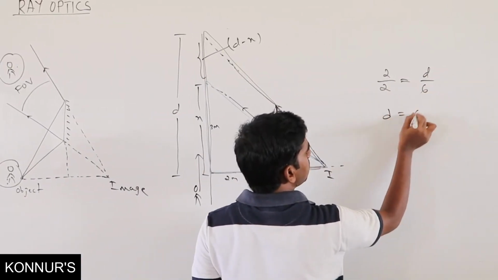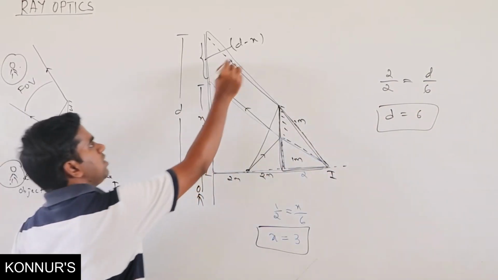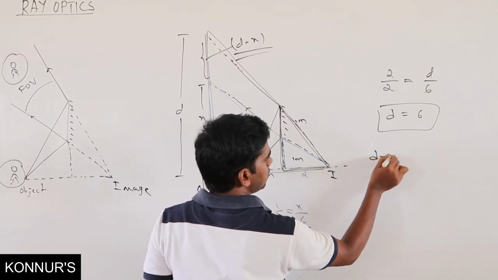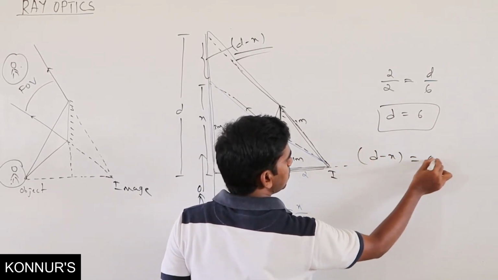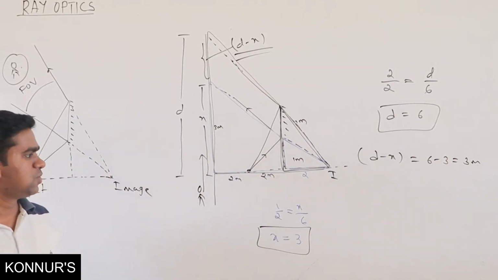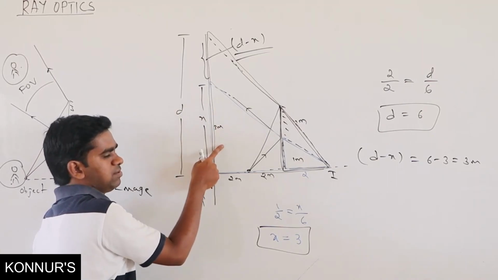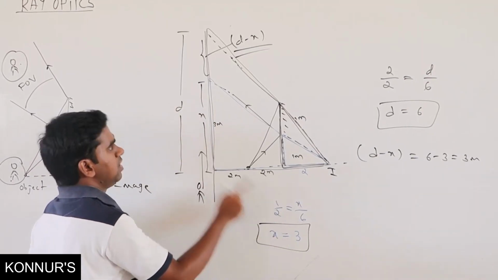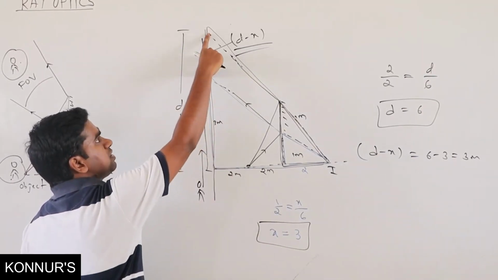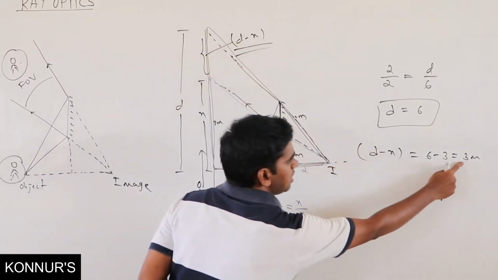So d is equal to 6. So you found the total distance also. What you wanted was d minus x. So d minus x is equal to 6 minus 3, that is 3 meter. So the first question is, after how much distance will he be able to see the image? After 3 meter. For how much distance can he see the image continuously? d minus x, that is 3 meter.